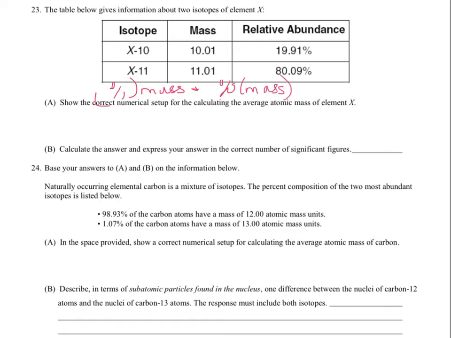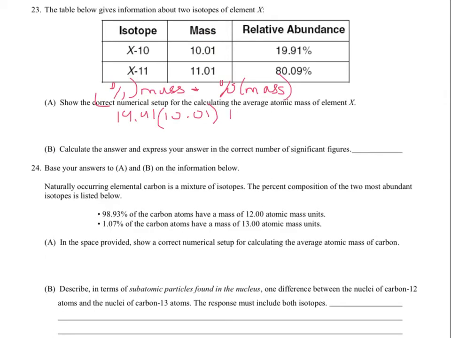So in this case, we start with 19.91% times a mass of 10.01. Now, sometimes they'll give us an exact mass, and sometimes they'll only give us an isotope mass. So the exact mass is 10.01. Sometimes they'll give us this value. Sometimes they'll only give us this 10 value. You use as much information as you're given. Since we're given an exact mass, we're going to use that in our calculation.